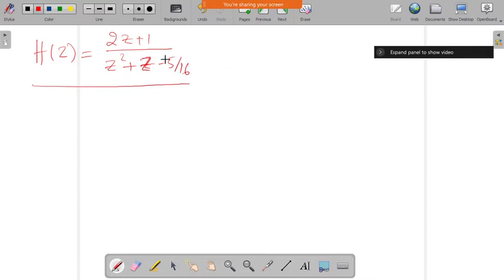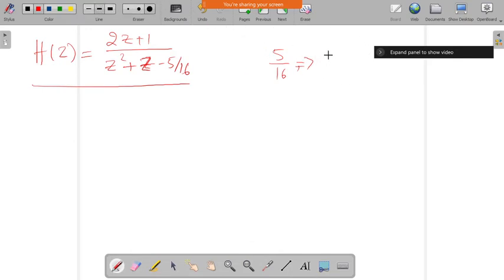So how can we find out the roots? The product should be 5 by 16 and the sum of the roots will be equal to 1. Like that we need to find out the roots. Let us take 1 by 4 and 5 by 4.